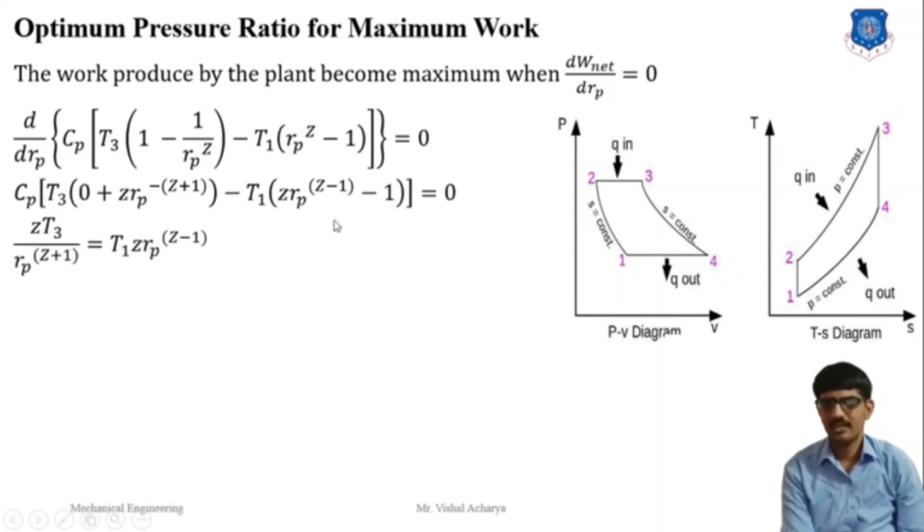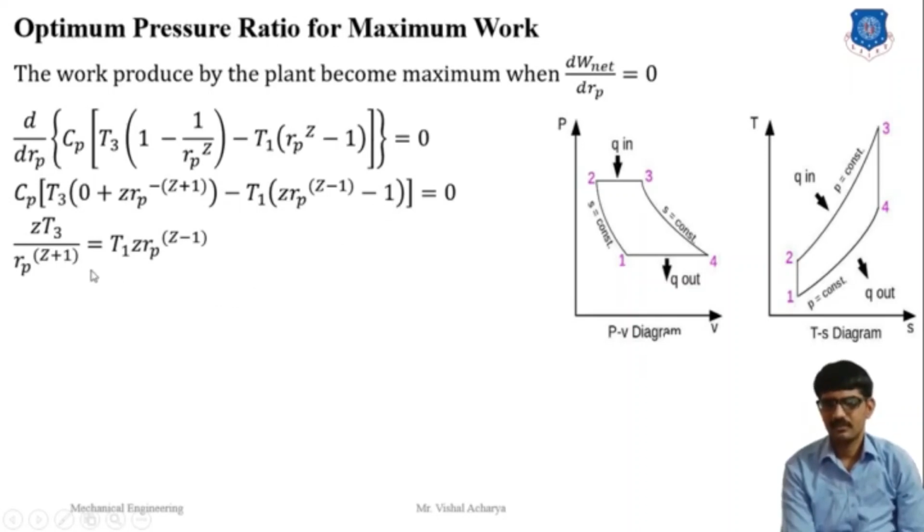So we get Z into T3 upon Rp raised to Z plus 1 is equal to T1 into Z into Rp raised to Z minus 1. The minus 1 term is not there, it is 0, because the derivative of a constant with respect to Rp is 0.